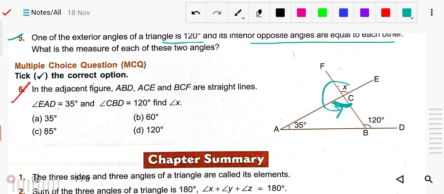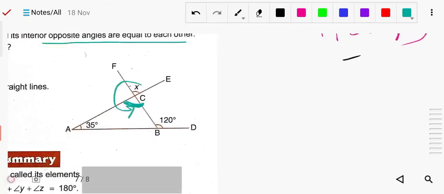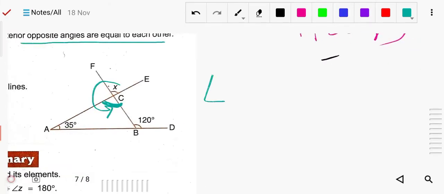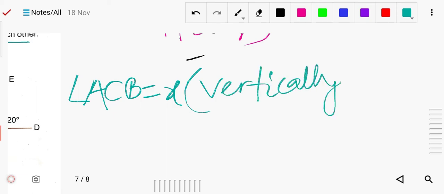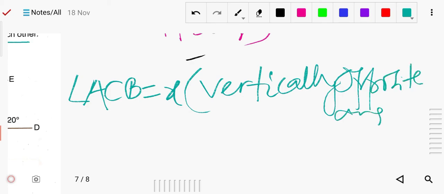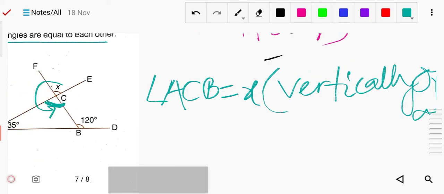So you can write here, angle ACB equals x, and the reason is vertically opposite angles.